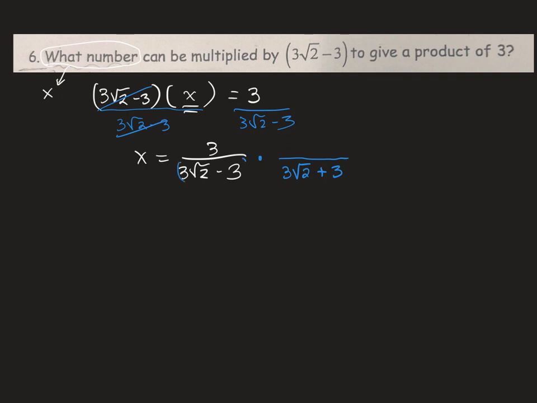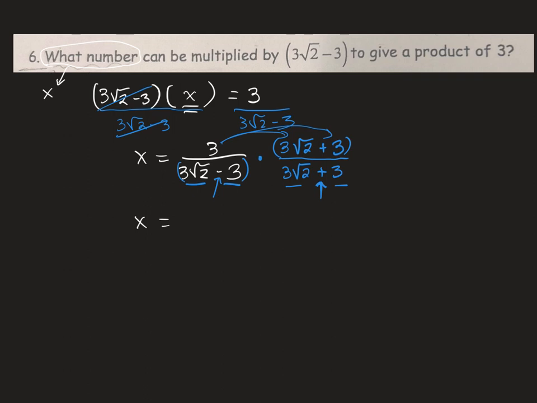Whenever you see two terms being added or subtracted in the denominator and you want to rationalize, you multiply by the same two terms but with the opposite sign. This one had a negative, so we use a positive between our two terms. And of course you want to do that to the numerator as well, so we're not changing the value of this.